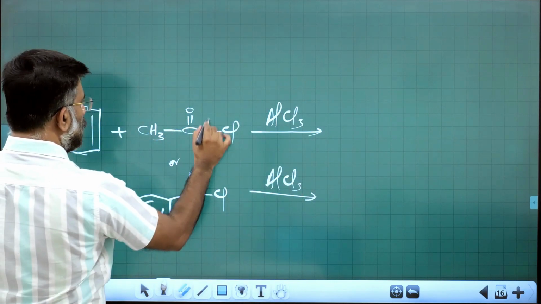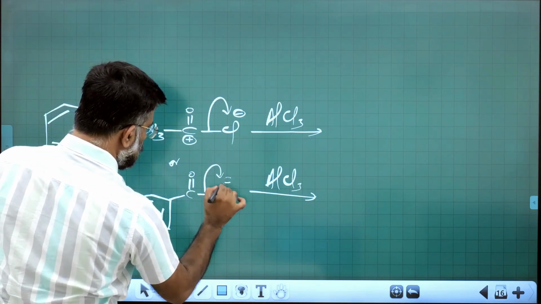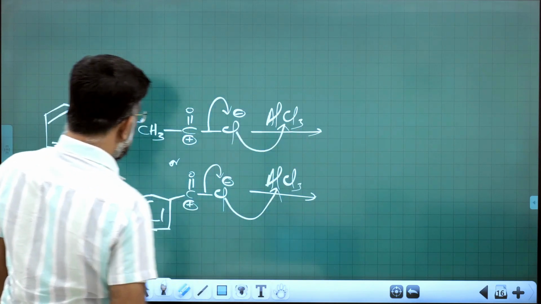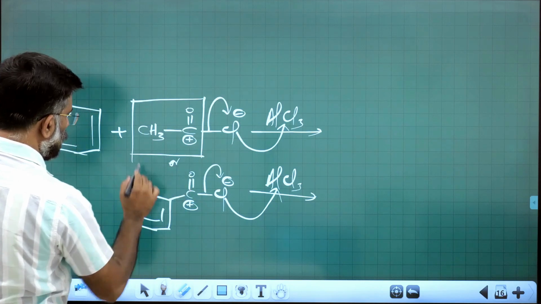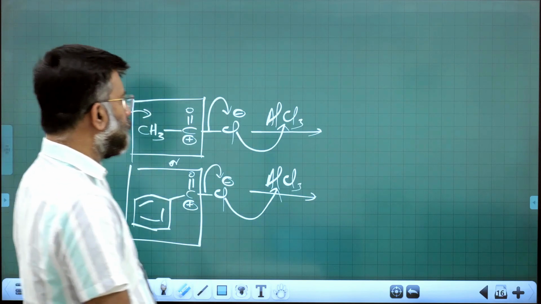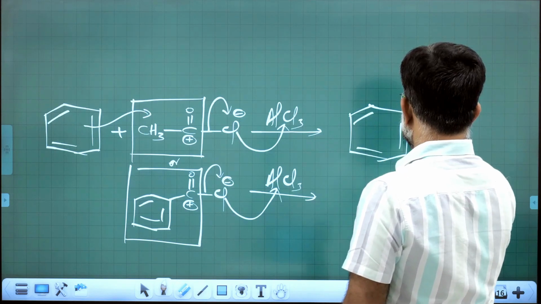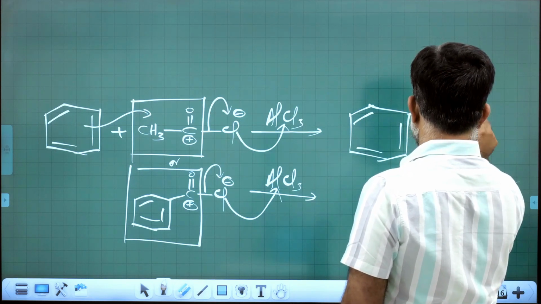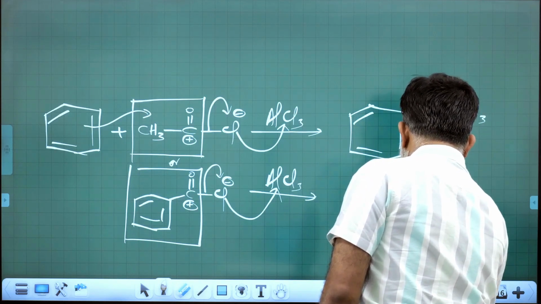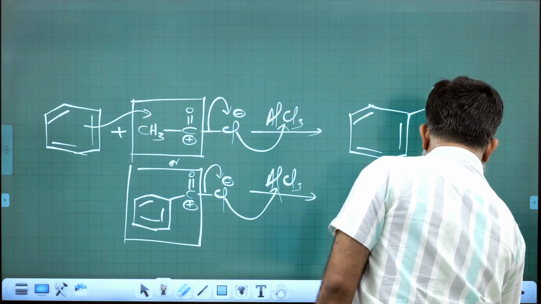in anhydrous condition. It is breaking here as minus and this is plus, and here it is as minus and this is plus. So this minus is withdrawn by AlCl3 and we get the electrophile. This in fact is the electrophile attacked by the benzene ring. And the result will be acetophenone in the first case, and in the second case you get benzophenone.